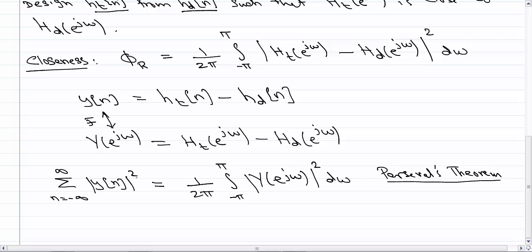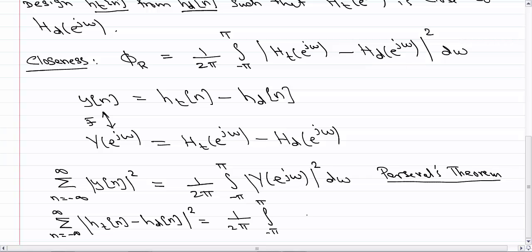Now all we have to do is put in the values of y[n] and Y(e^{jω}). So we put in that value, we get the sum over n from minus infinity to infinity of h_t[n] minus h_d[n] absolute squared, that is equal to 1 over 2π, integral from minus π to π, of H_t(e^{jω}) minus H_d(e^{jω}) squared dω.